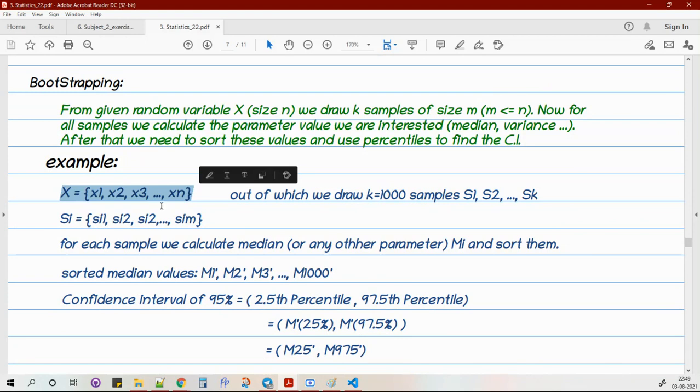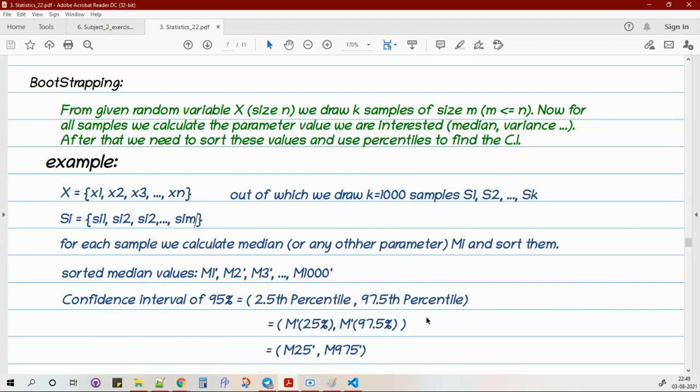The data set we have in our hand is x1, x2, x3 up to xn. Now I am taking a sample Si, and the sample size is m. This can be 30, 40, 50, 10, anything. And I am taking k equal to 1000 samples, S1, S2, S3 up to Sk, and each is comprised of m values. So let's say 10,000 samples of size 20, like that.